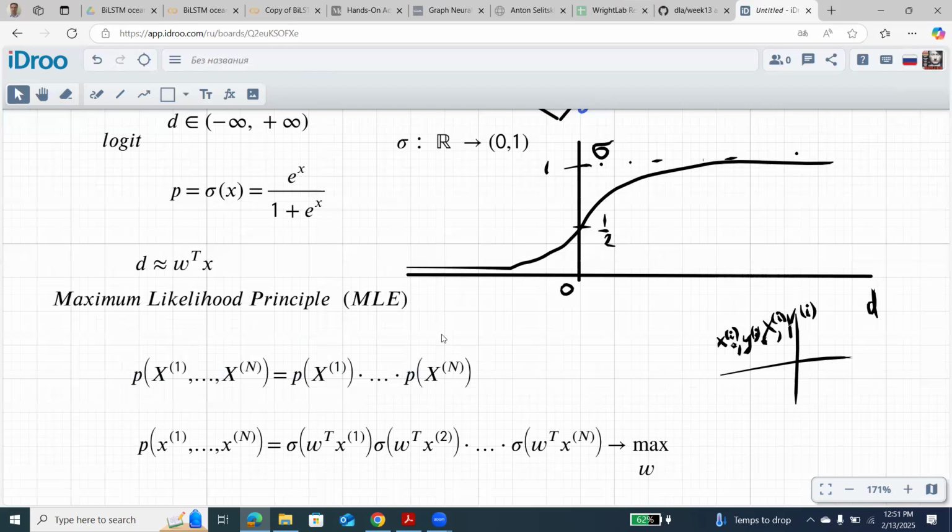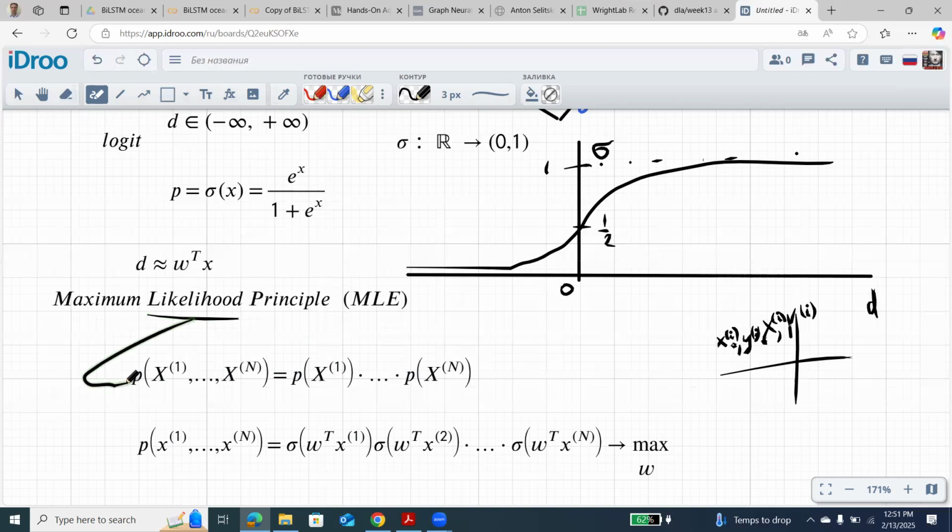This is called likelihood, the joint probability of observed data points.